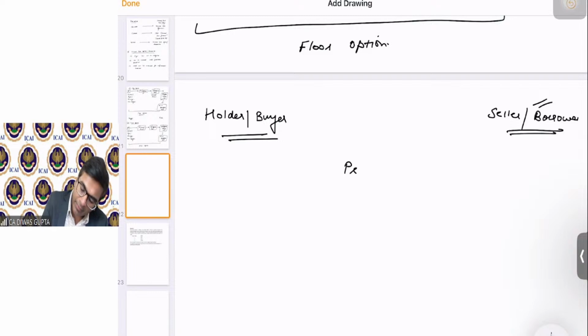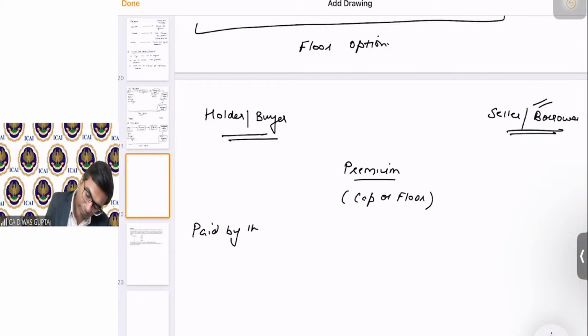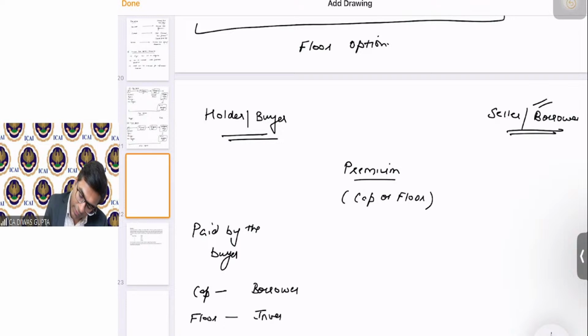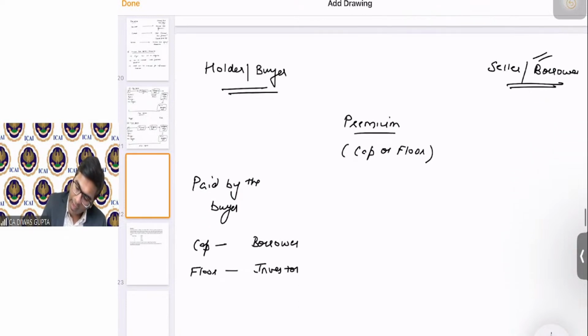And the premium in case of both cap or floor will be paid by the buyer. In cap, it will be borrower. And in case of floor, this person will be investor, correct? And it is received by seller.